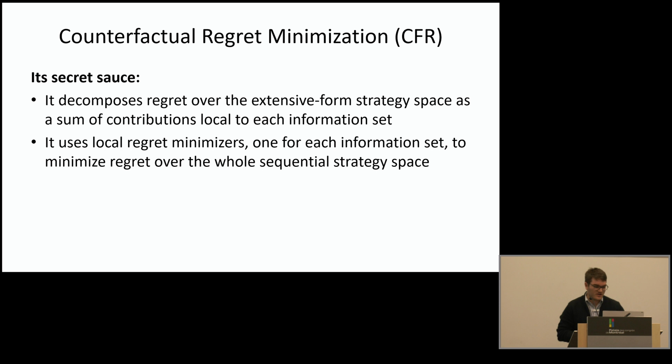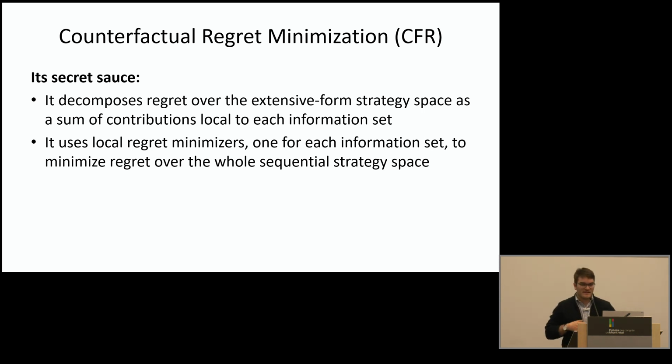And what is the secret sauce of CFR? Well, the secret sauce really is this idea of decomposing the regret that you have on the whole decision tree as a sum of local contributions at each decision point, right? Every time the player has to play in some state, then there exists a notion of localized regret that CFR defines.